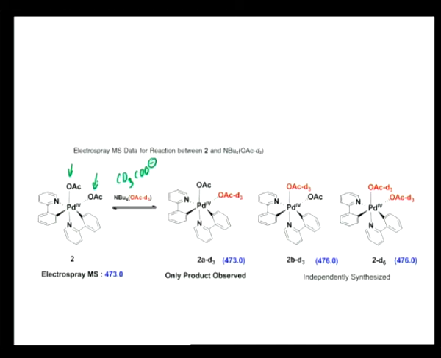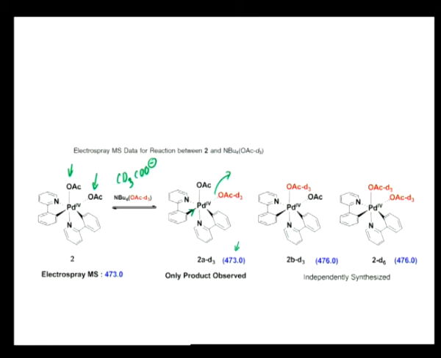In the mass spectrometry experiment, they could show that loss of acetate from the palladium 4 species was readily happening from this position. That means, opposite the carbon, because carbon was having a large trans effect, this group was very labile, and even if you have the labeled acetate, you would end up with a mass of 473, m by z value of 473.